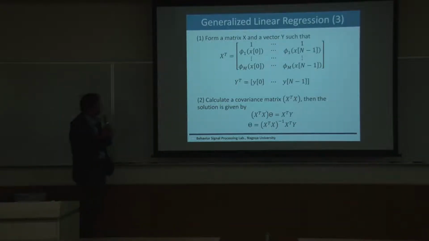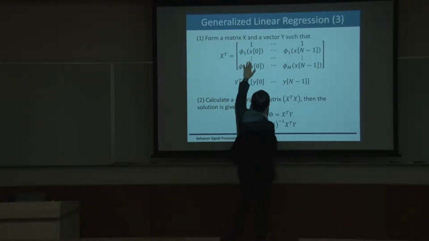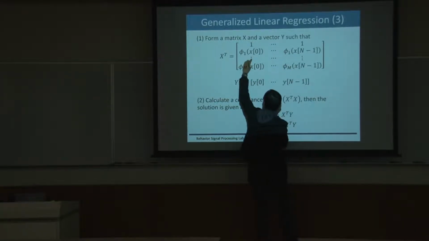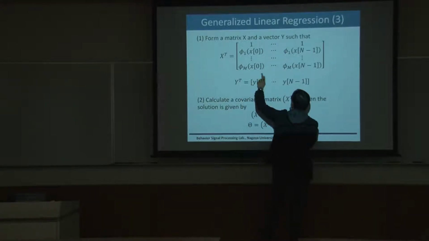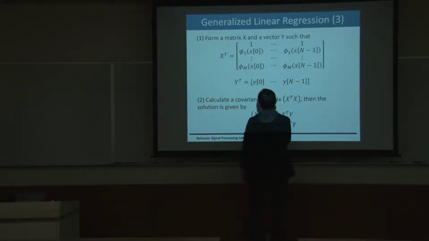This looks similar to the previous one, but replaced with the function outputs, phi 1, phi 2, phi 3, up to phi m, which gives an mth order linear regression function. And each individual element has the value of the function with respect to the given observation of x.